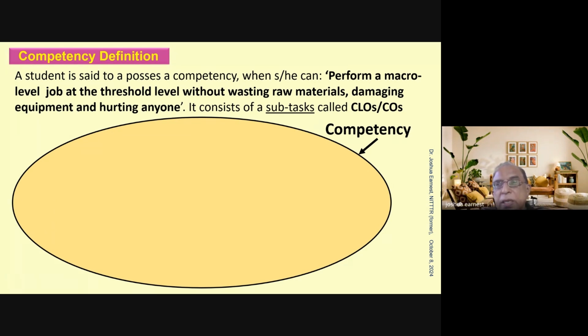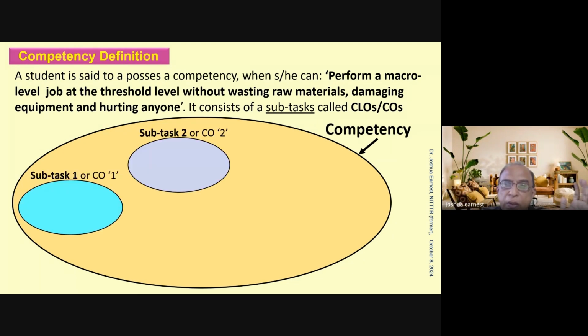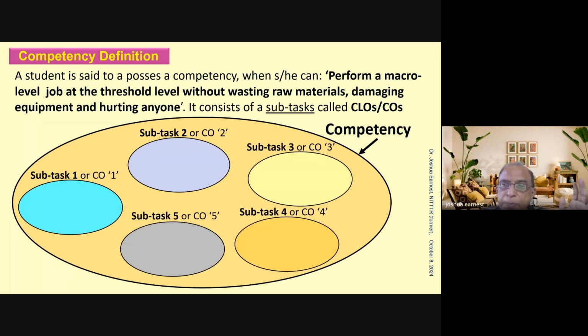That means it consists of subtasks. That was a macro level; this will be a meso level subtask. So every competency will have, in each course, 5 to 6 COs or CLOs. Are you with me?